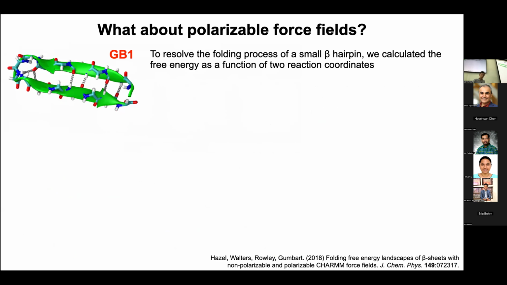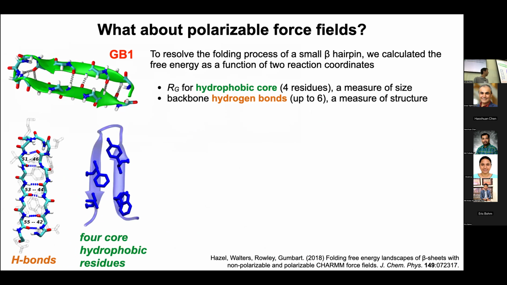This is a project we did looking at the folding of the GB1 beta hairpin. It's just less than 20 amino acids and folds into a nice beta hairpin. We wanted to get the free energy of this process, and we did it as a function of a couple of different reaction coordinates. We heard a lot about this yesterday, how to do these calculations. In particular, we looked at the number of hydrogen bonds as one coordinate, and the radius of gyration of a core set of hydrophobic residues.